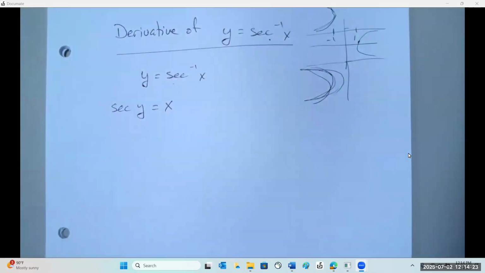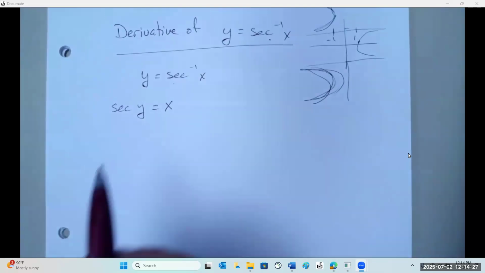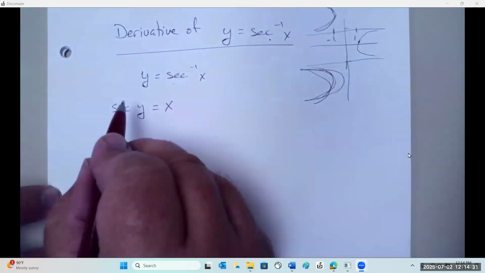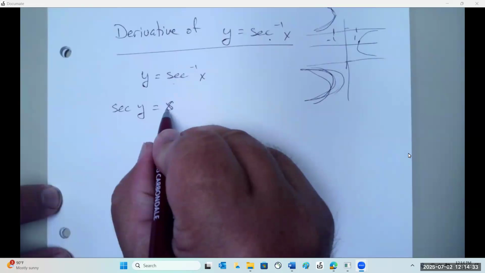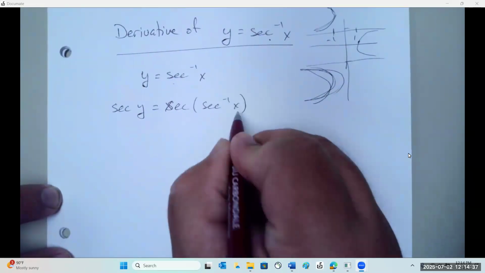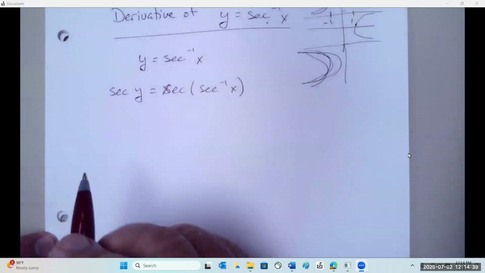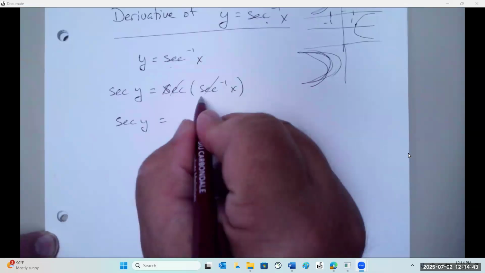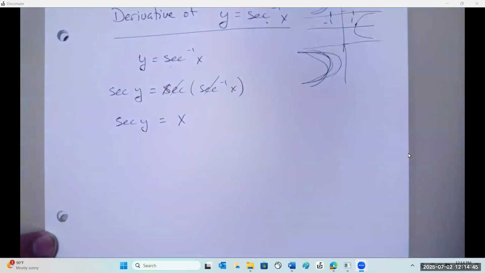Then that has to be true as well. In other words, if I took the secant of both sides, then I get secant y is equal to, these cancel, is equal to x.